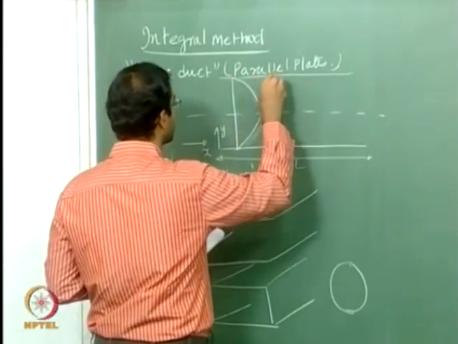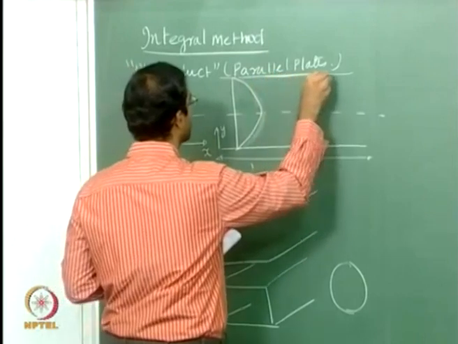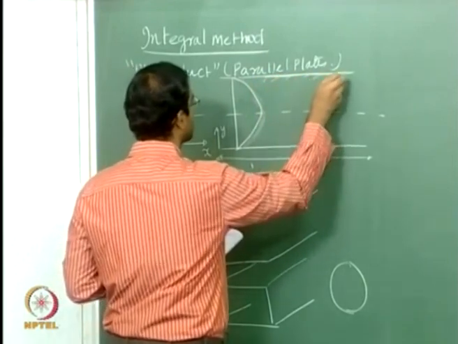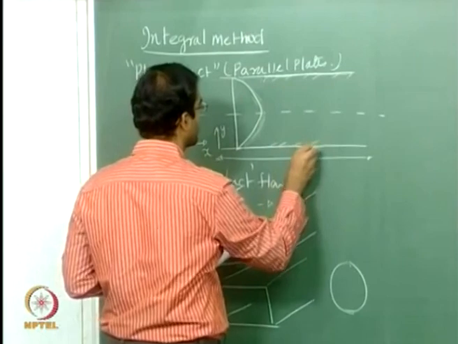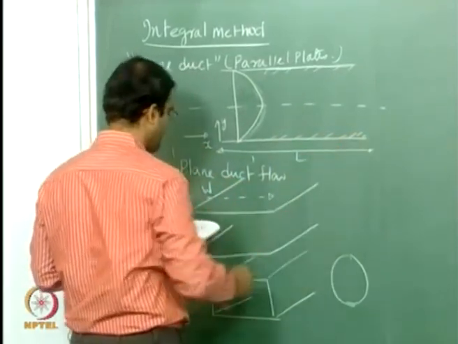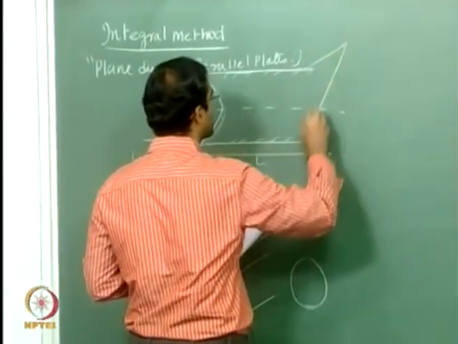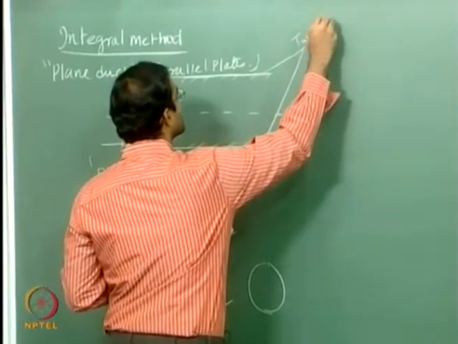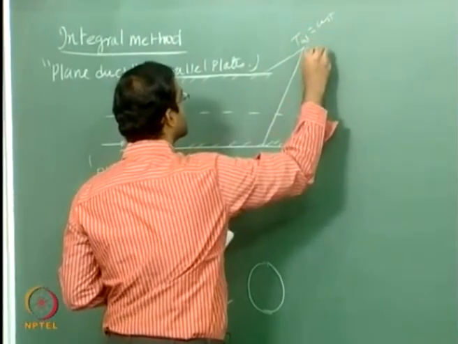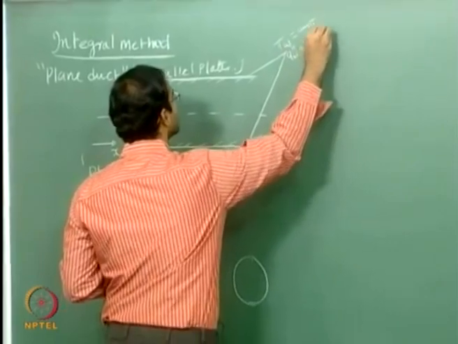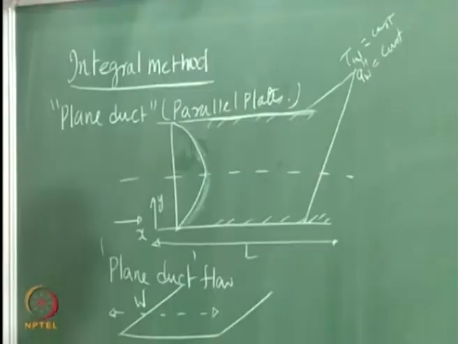And now if you start heating your plate from a certain location, so either I can maintain a constant wall temperature or flux constant, and you can see that the thermal boundary layer will start developing.